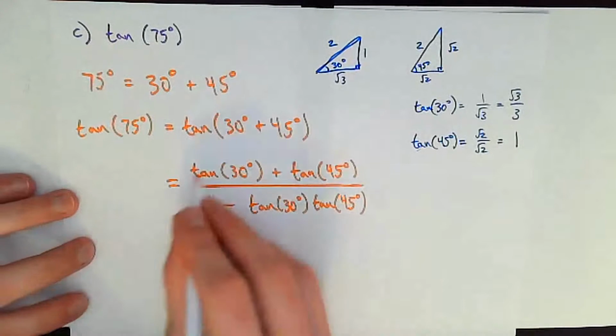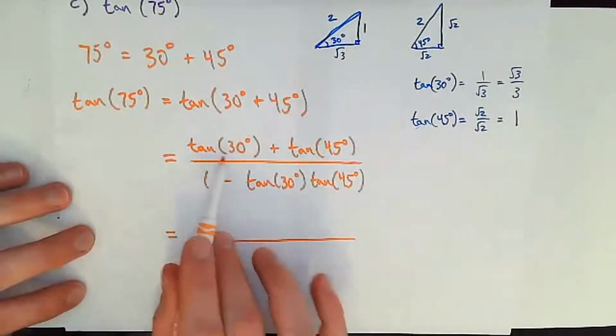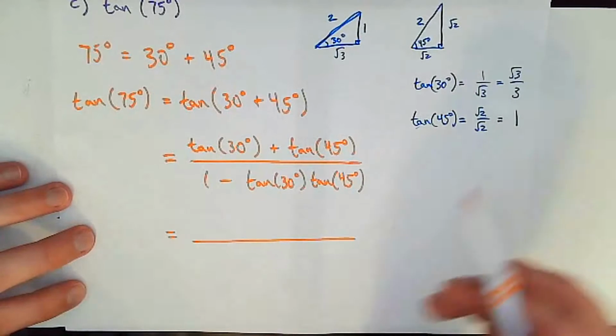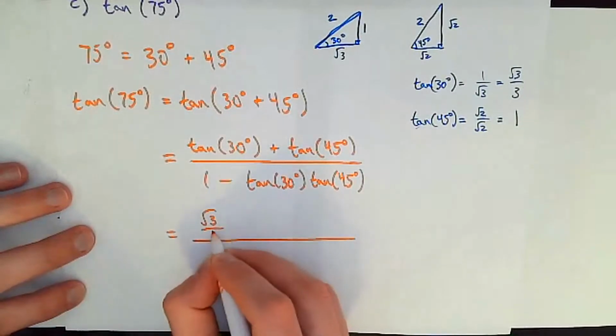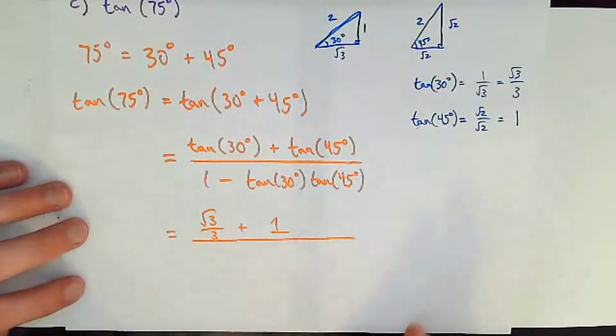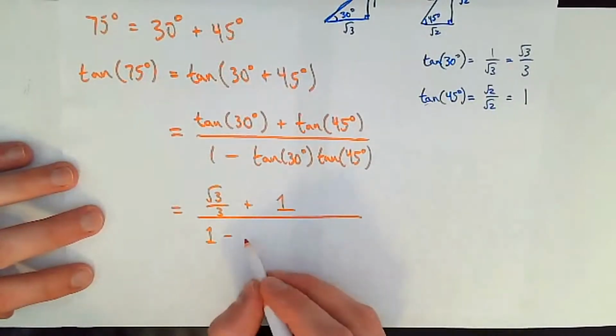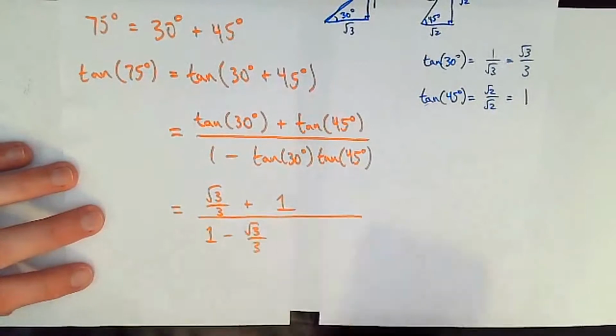So up top, let me draw my fraction bar. There we go. Now up top, tangent of 30 degrees is giving me square root of 3 over 3. And plus, then tangent of 45 is 1. And down in the bottom, I have a 1 minus square root of 3 over 3.